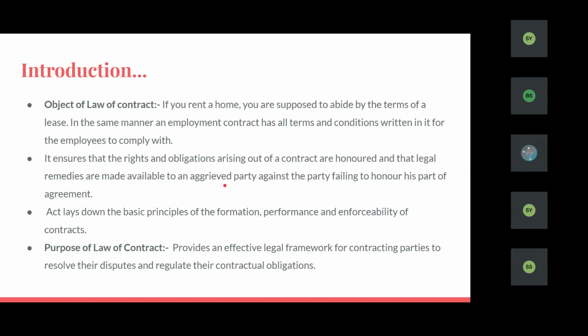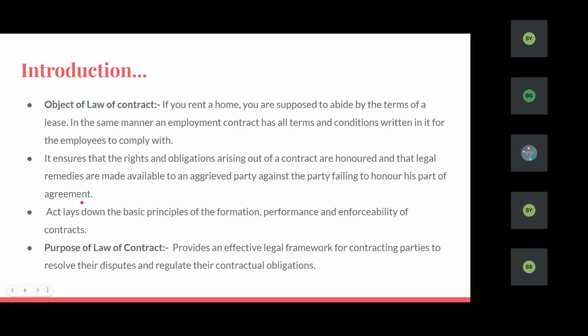Court provides him with compensation so that his loss is made good, so that he is put in the previous position, like nothing has caused damage to him. That position he is put into by the courts against the party failing to honor his part of the agreement.